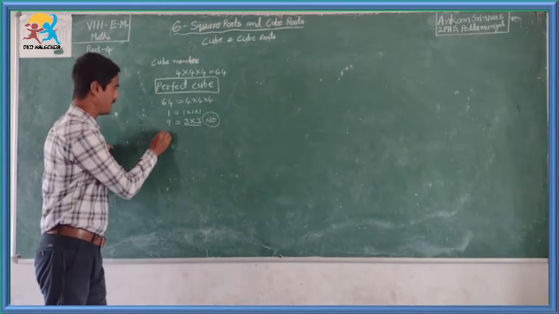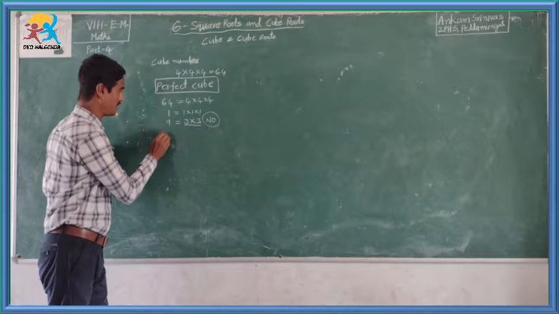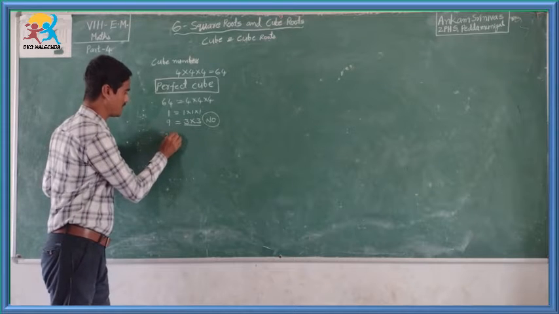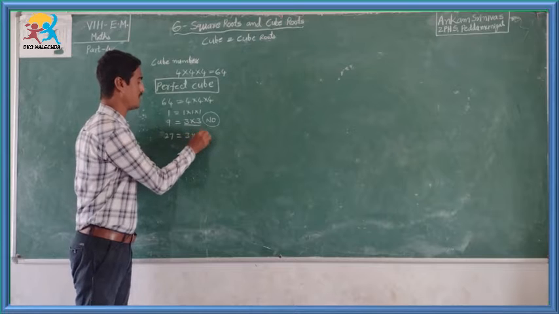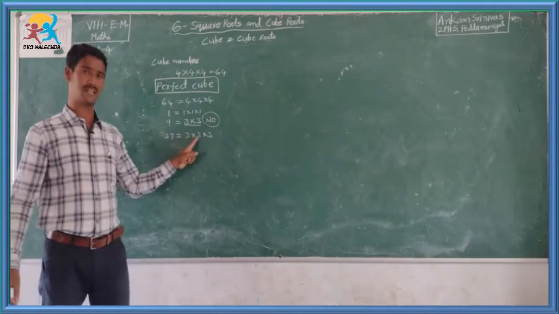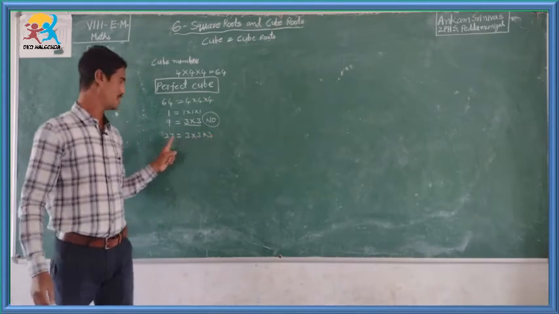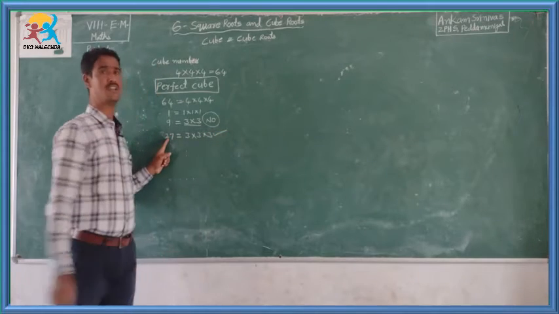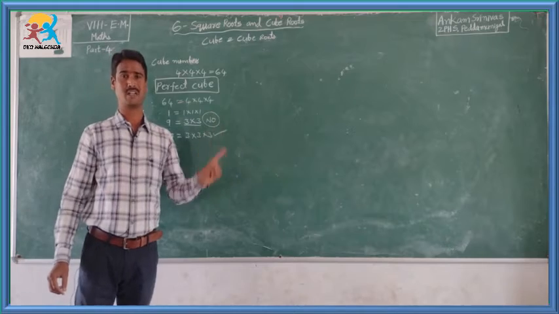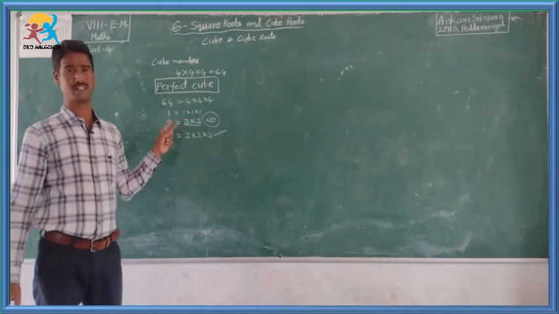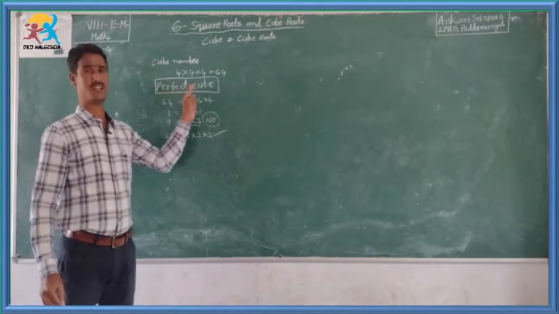Suppose I take 27. 27 can be written as 3 into 3 into 3. 3 threes are 9, 9 threes are 27. So it is a perfect cube. If a number can be written as a product of 3 same numbers, then it is known as a perfect cube.